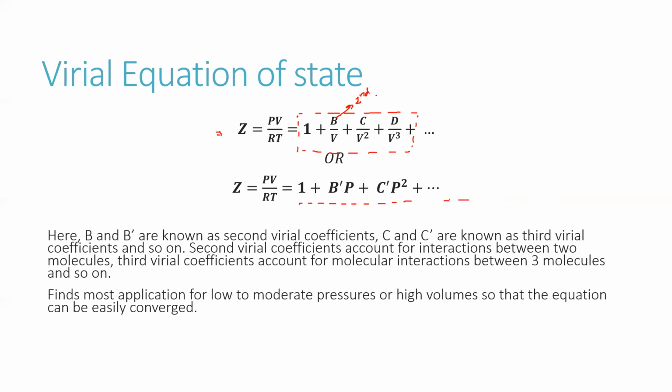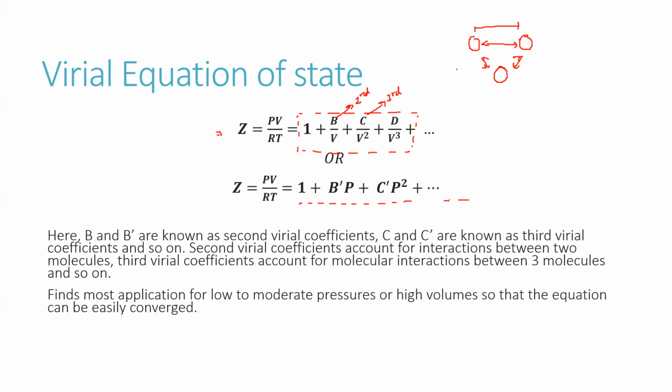The second virial coefficient deals with molecular interaction between two gas molecules. Then C, the third virial coefficient, takes into account the molecular interactions between three gas molecules, and so on. Further you can go with these things.